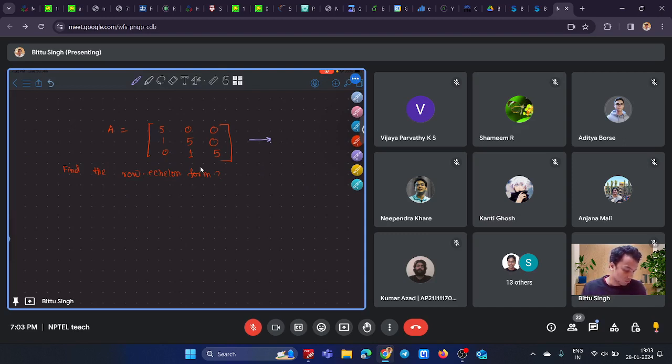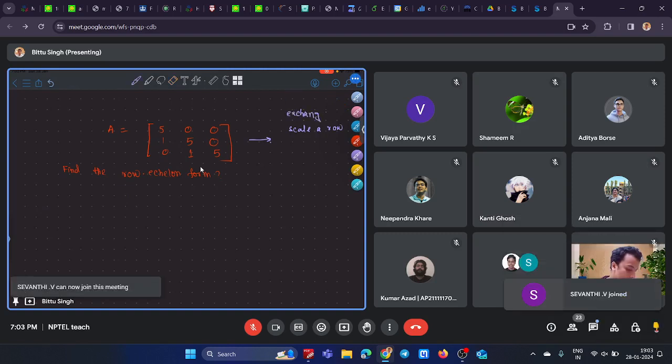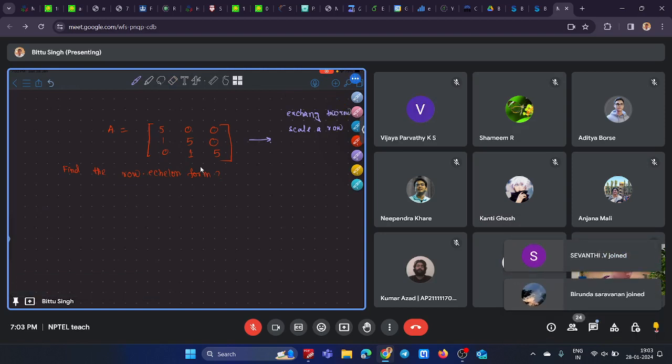You can scale a row, or you can exchange any two rows, and the third way is to multiply some row and add it to another row.